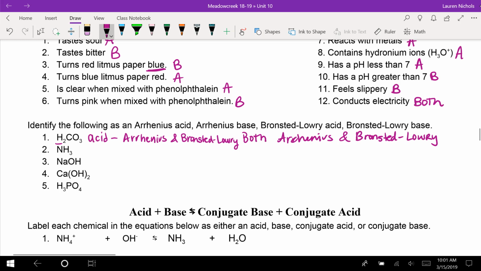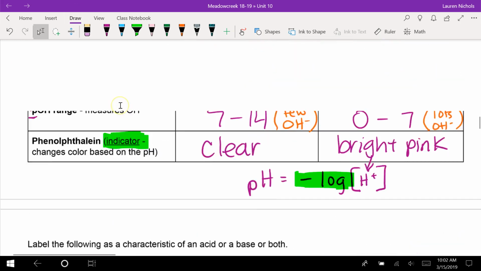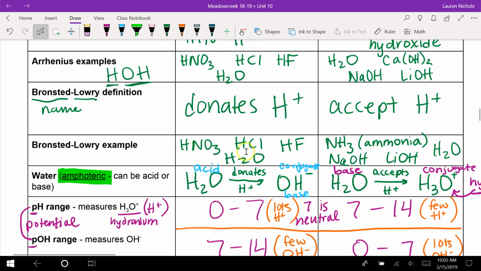Now, NH3. NH3 is ammonia. It does not start with hydrogen. It does not have OH. This is only a Bronsted-Lowry base. If nothing else, that is an example from our notes that I gave you specifically that is listed only as a Bronsted-Lowry base.